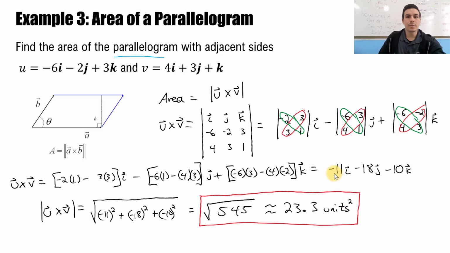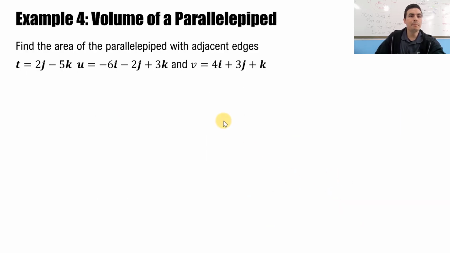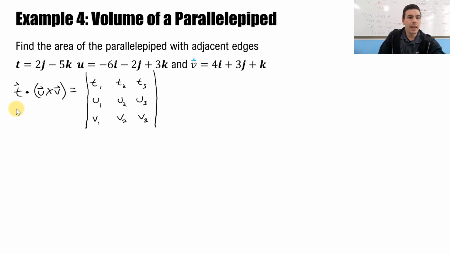All right, last example here, we're going to find the volume of a parallelepiped. Okay, our adjacent sides. We have t, like I said, t would often be what you would see here for what you will substitute in for your unit vectors. And then we have vectors u and v, okay? And they're given to us as linear combinations. That's totally fine. We can still take our components and plug them in here to our matrix.